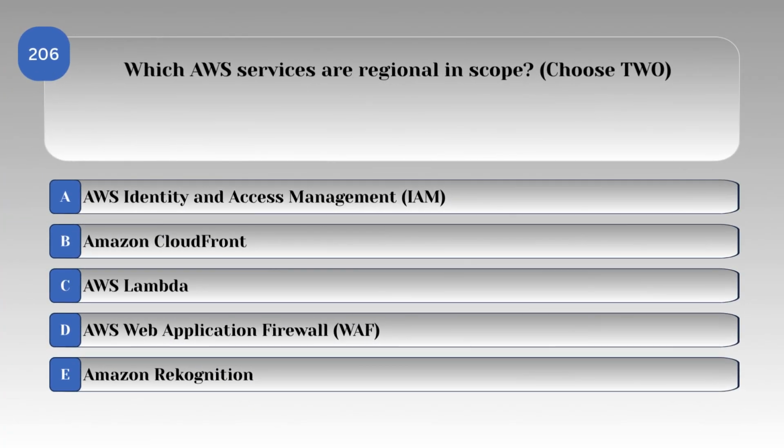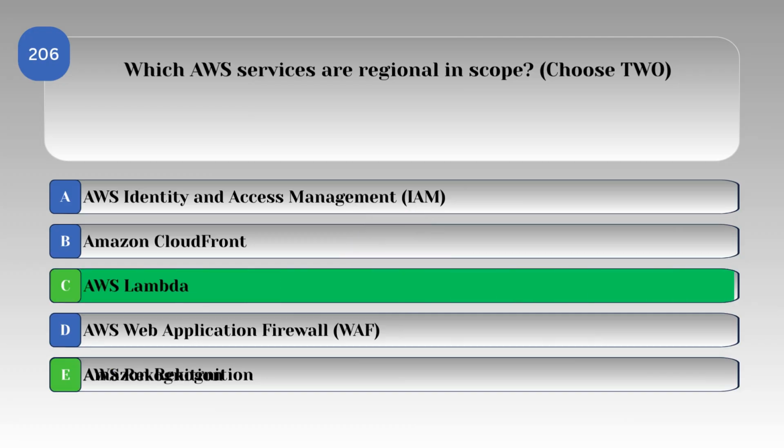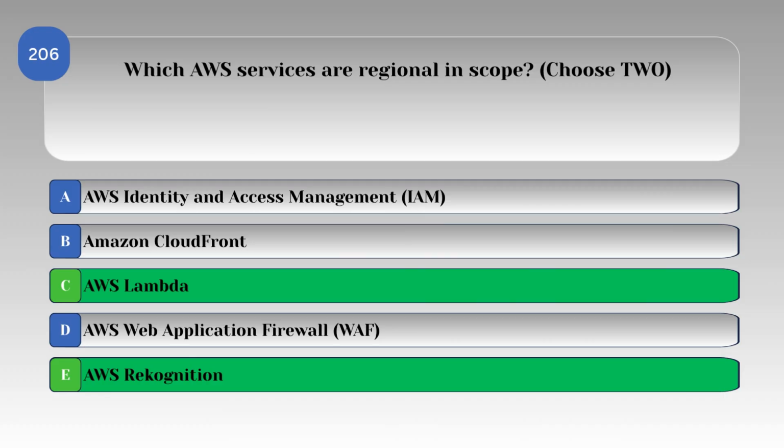Which AWS services are regional in scope? Correct answers: AWS Lambda and Amazon Rekognition.